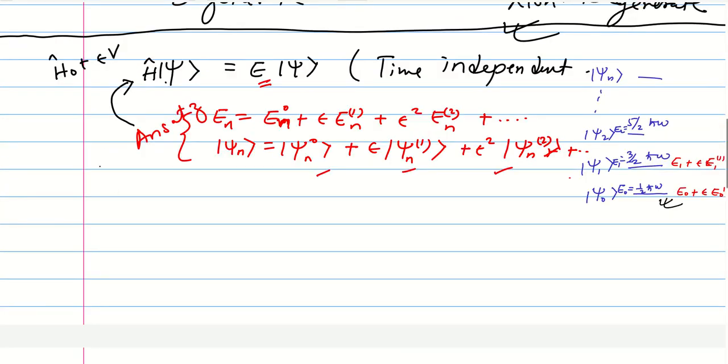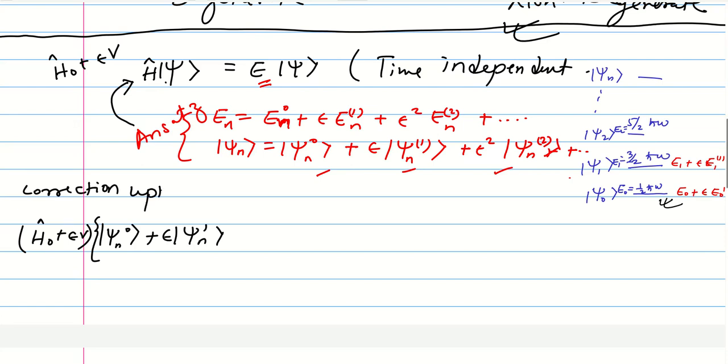So when you plug it here, what you get, this psi will be replaced by this. Since now we will consider correction up to first order, it means we will collect only the epsilon to the power 1 term.